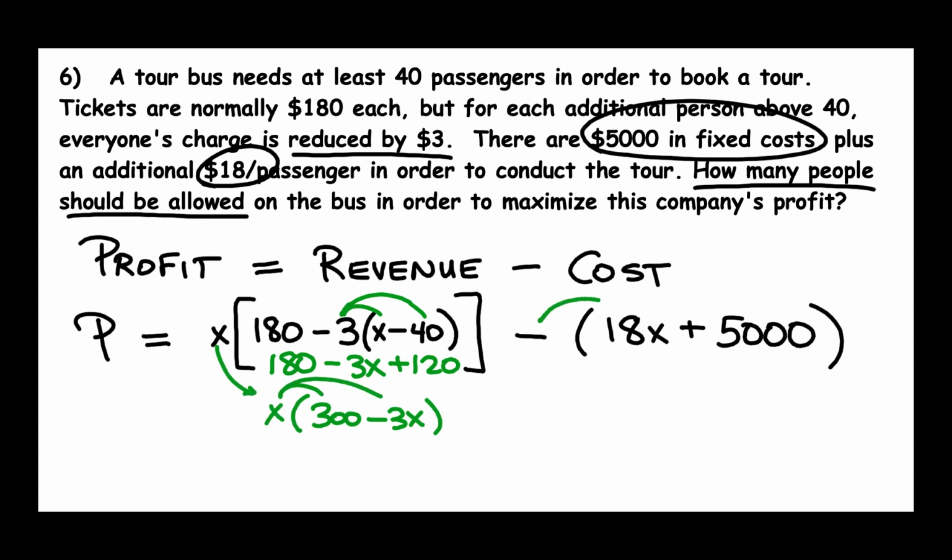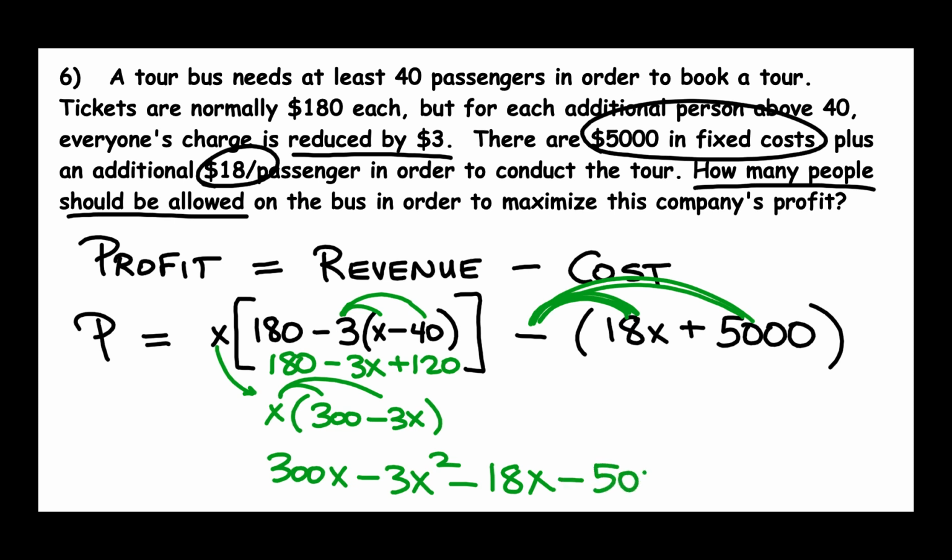We can also do it here with this negative. So we're going to have 300x minus 3x squared minus 18x, I'll combine the like terms in a moment, minus 5,000. That's the equation for profit.